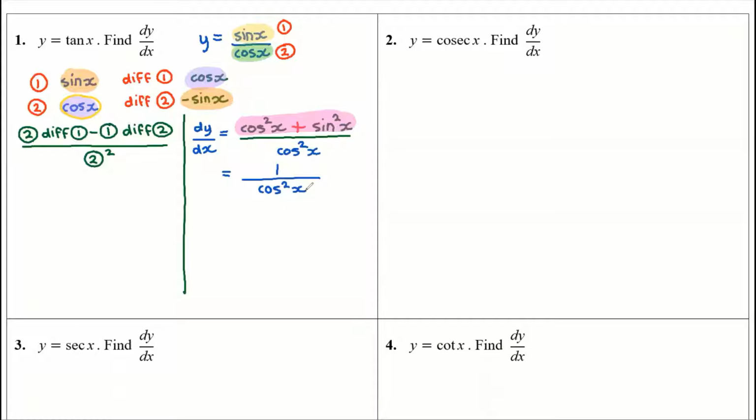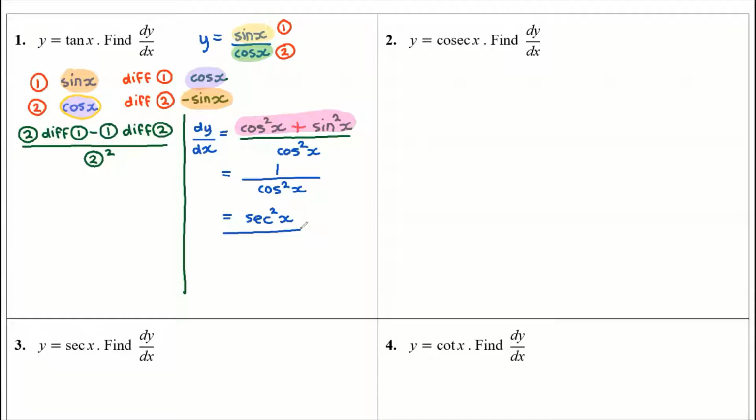Using the third letter rule, or the first letter rule if we're going backwards, this is going to be sec squared. So this is equal to sec squared x. You can also differentiate tan x from first principles and get to the answer in a completely different way, just as interesting, I think. So that's number 1.